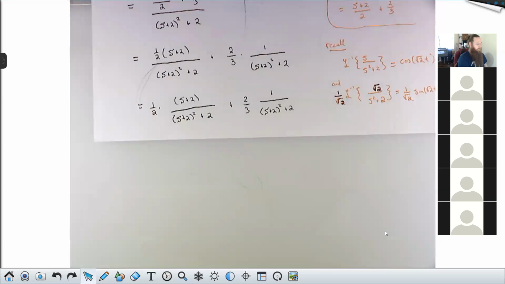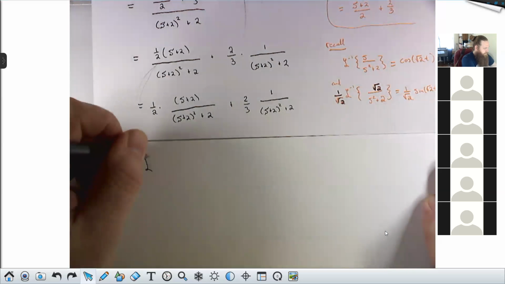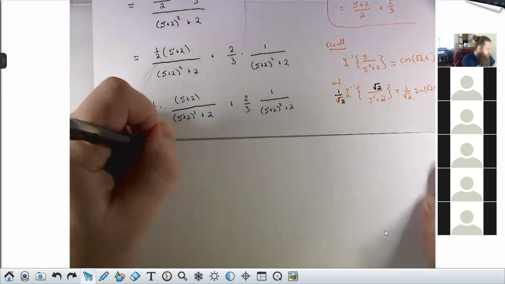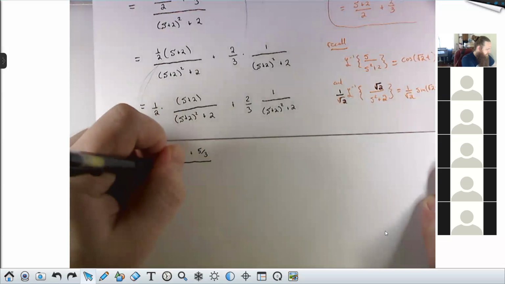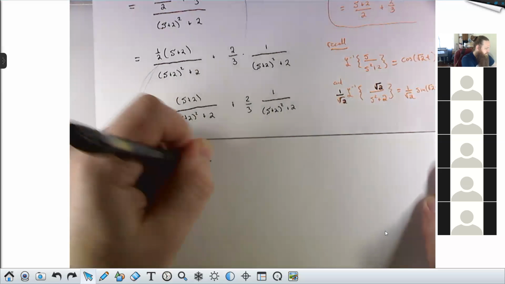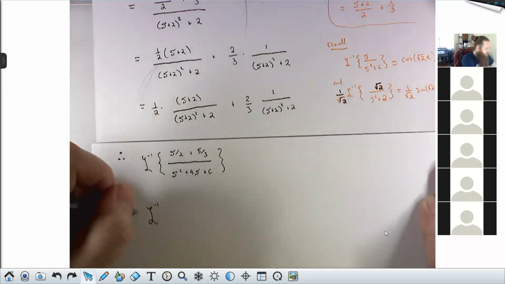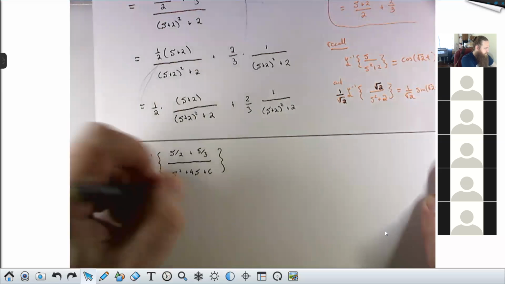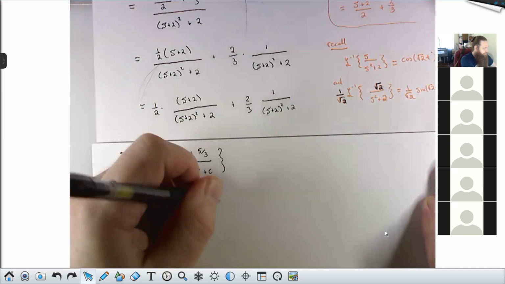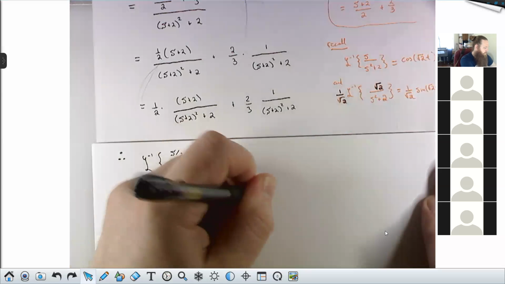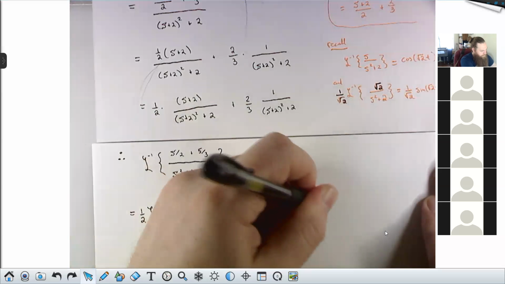Go. So the function whose inverse Laplace transform I want, so therefore the inverse Laplace transform of this thing, which remember was s over 2 plus 5/3 divided by s squared plus 4s plus 6, is equal to 1/2 inverse Laplace transform of s plus 2 over s plus 2 squared plus 2, plus 2/3 inverse Laplace transform of 1 over s plus 2 squared plus 2.